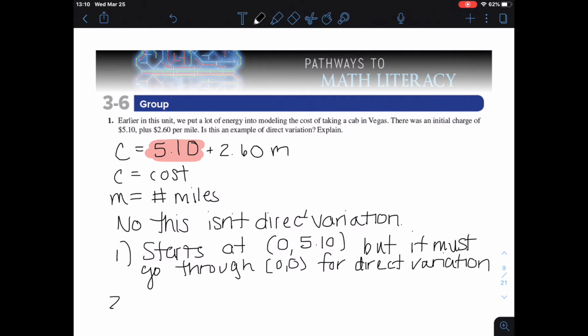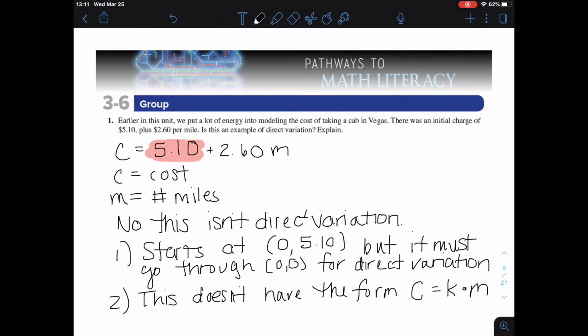And the second is this doesn't have the form C equal to some constant times the input value. So immediately you can write this off. It's not going to be direct variation. Okay.